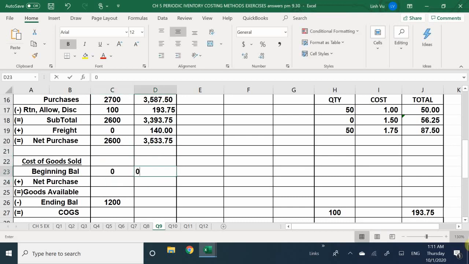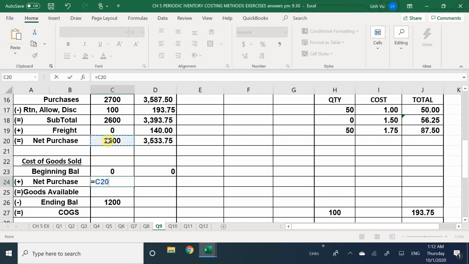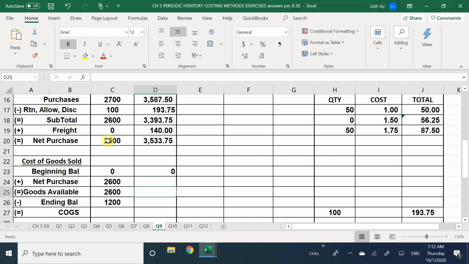With that, we also don't have any beginning inventory, so our net purchases should be copied down, and it's going to bring us to the grand total of 2,600 items at $3,533.75. Okay, so that's my total goods available, and that's my total cost here and my total quantity.